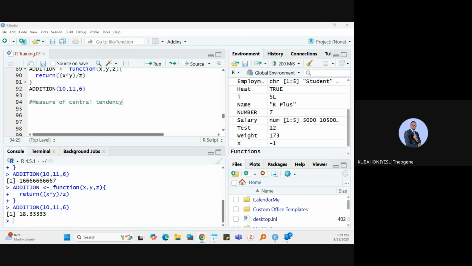So the measures of dispersion. Dispersion. Is that how you say? Yes. Range. And mean.